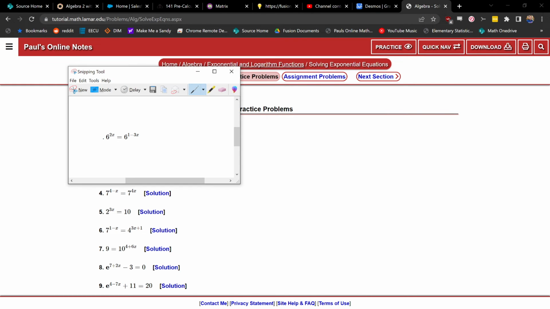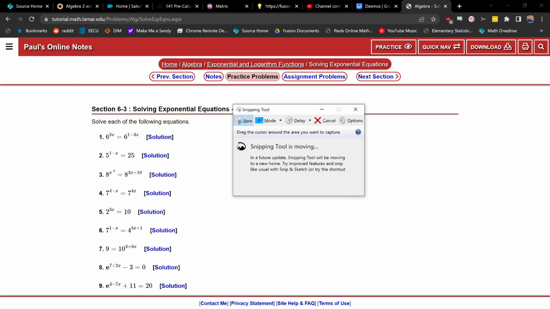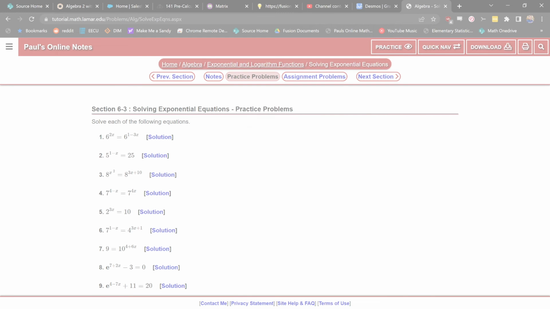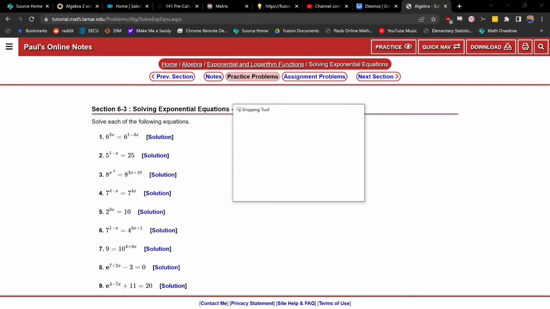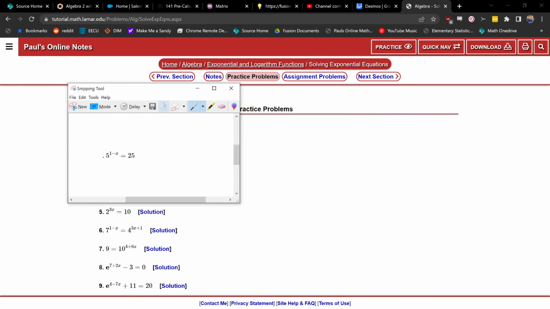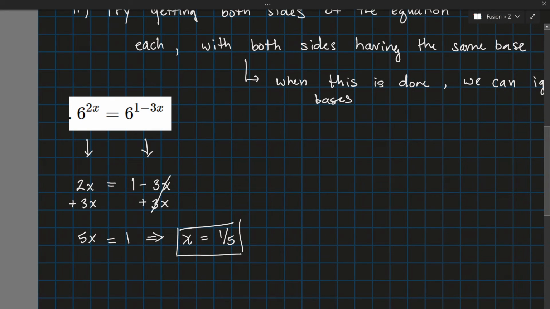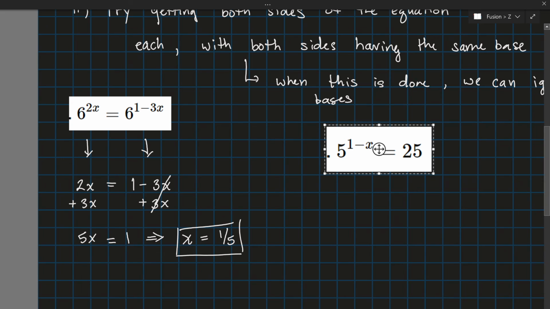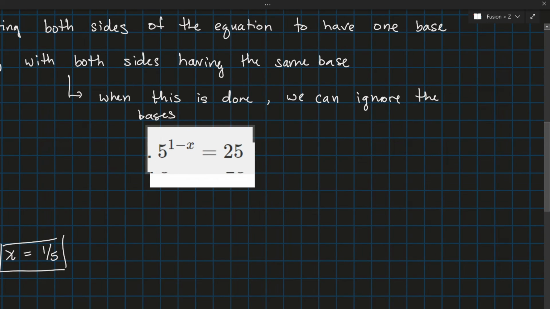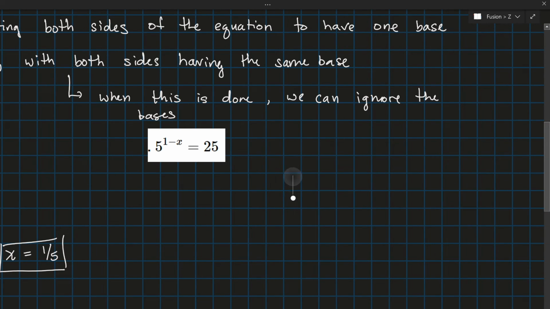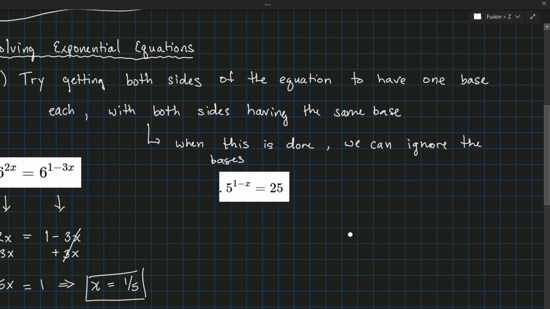Let's say we have this one here. So now this one, our first strategy is trying to get both sides of the equation to have the same base, like we had here.